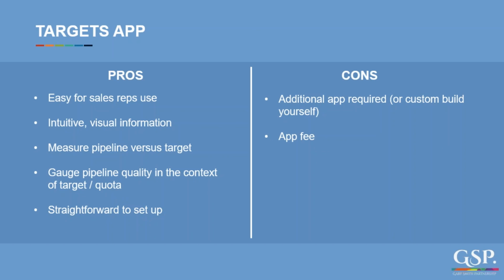We charge $4,500 for our app as a one-off fee, so there's no recurring fee. It's just a one-off fee of $4,500, and we'll set it up for you and so on. So that's the third way of tracking targets, target and quota in Salesforce.